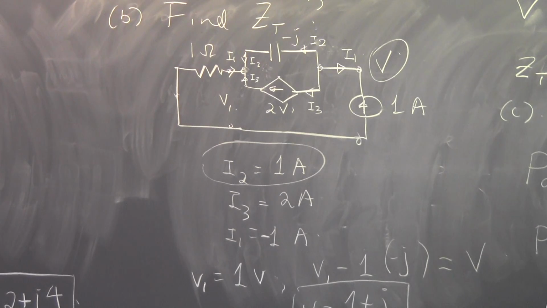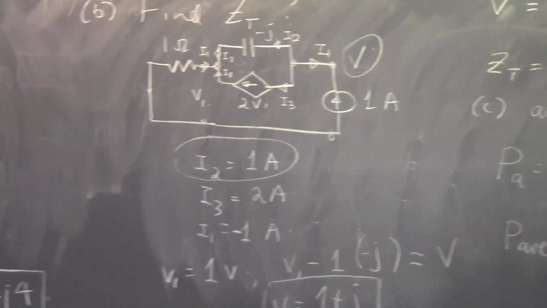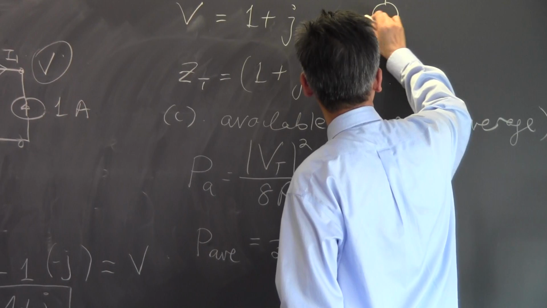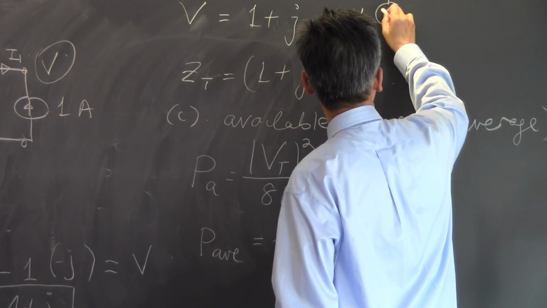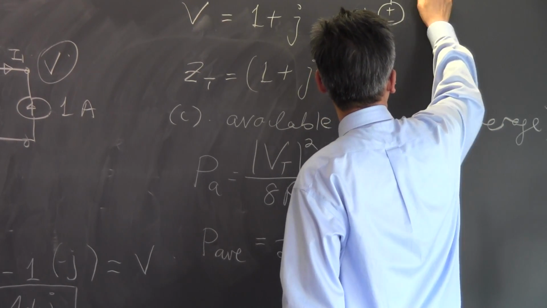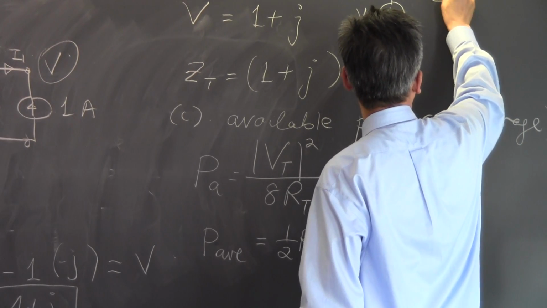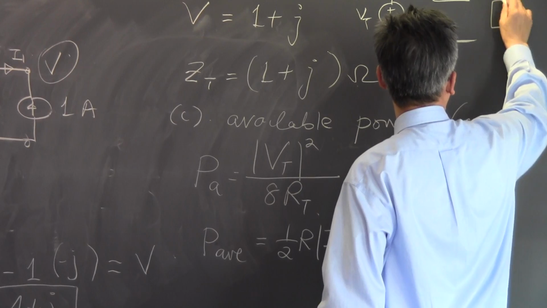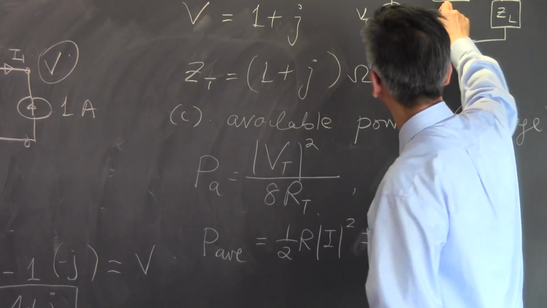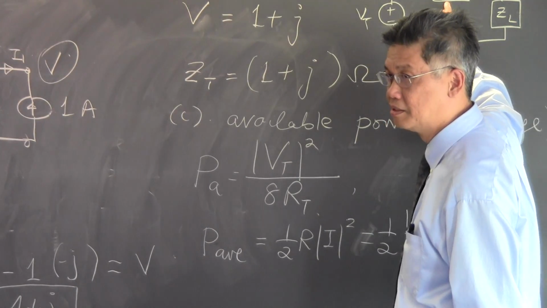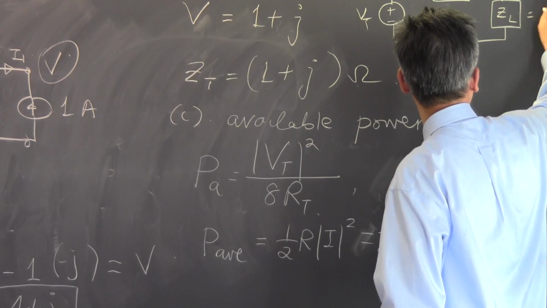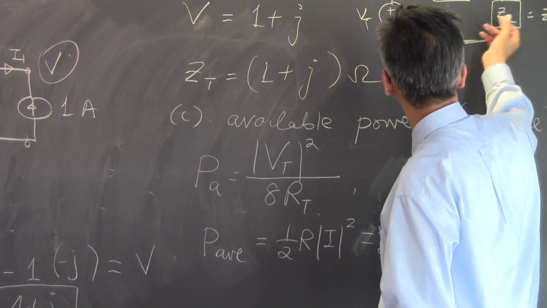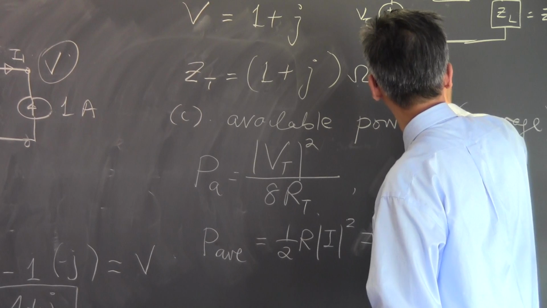But then, because of the circuit connection, you have this V Thevenin, and then you have VT, and then the Z load. What should Z load be for maximum power transfer? This should be equal to ZT conjugate. So finally, the inductive parts cancel each other.